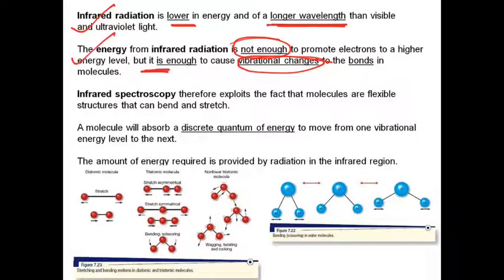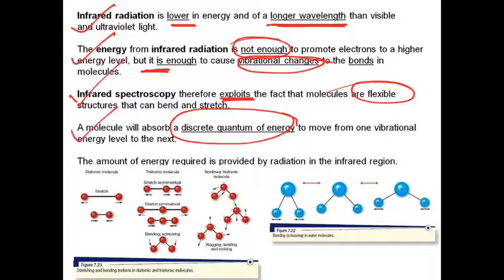So infrared spectroscopy exploits the fact that molecules are flexible structures that bend and stretch. A molecule will absorb a discrete quantum of energy to move from one vibrational energy level to the next.